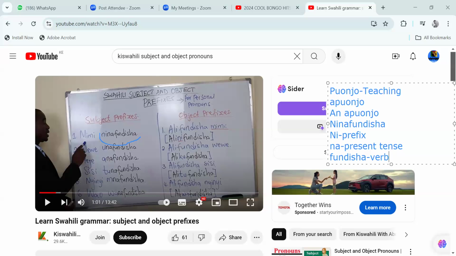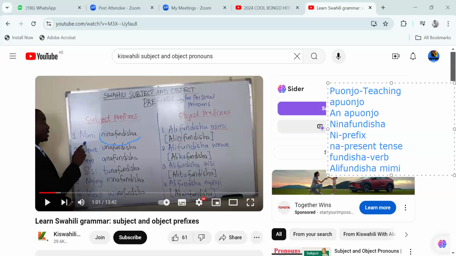For instance, the first sentence that he put there, alifundisha mimi, would have been perfect in English. But we don't work like that. We have to put the verb first. That's why it becomes alinifundisha instead of alifundisha mimi.